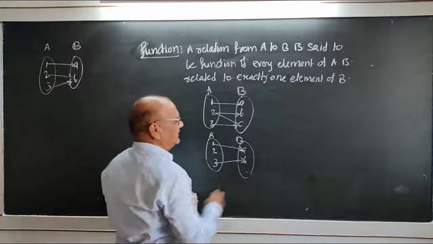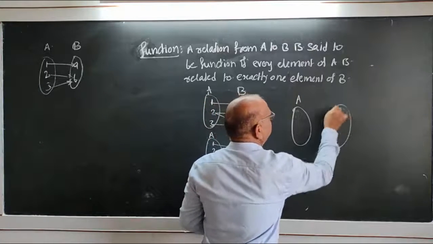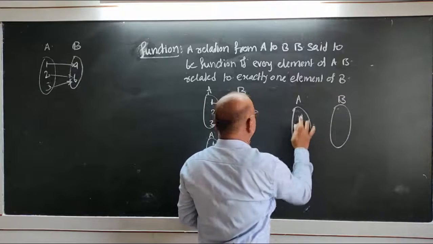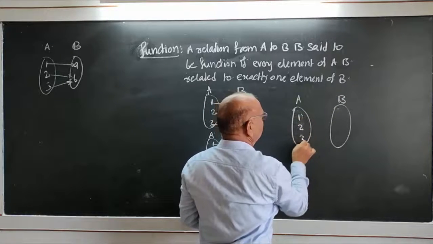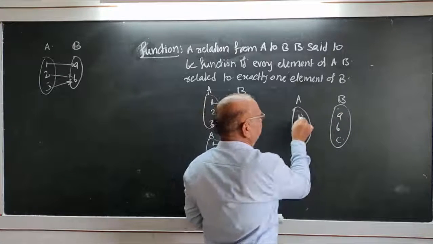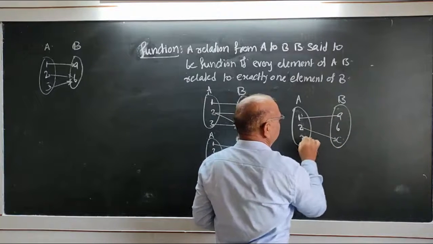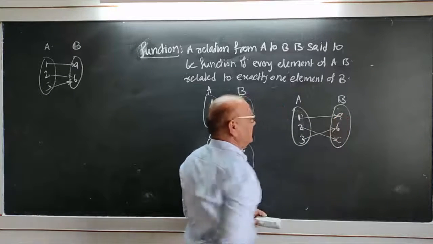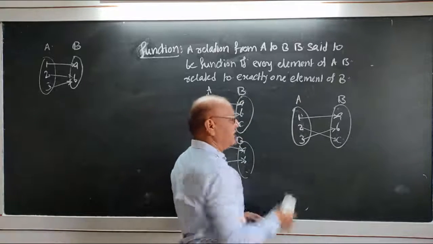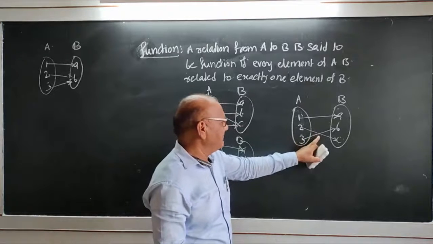That means a function is like this. If A and B are 1, 2, 3 and a, b, c, and we take 1 related to a, 2 related to c, 3 related to b, then this relation is a function.